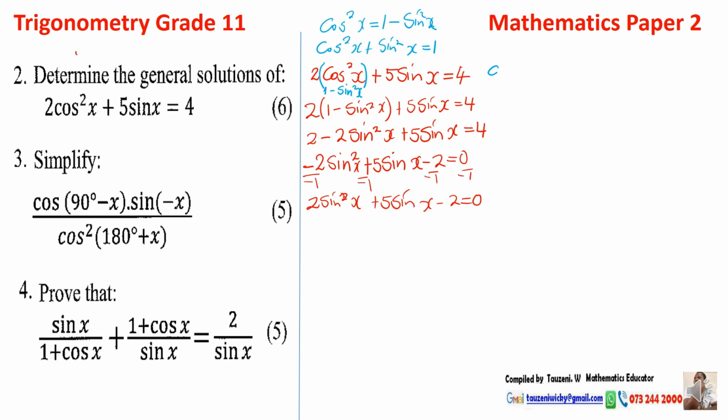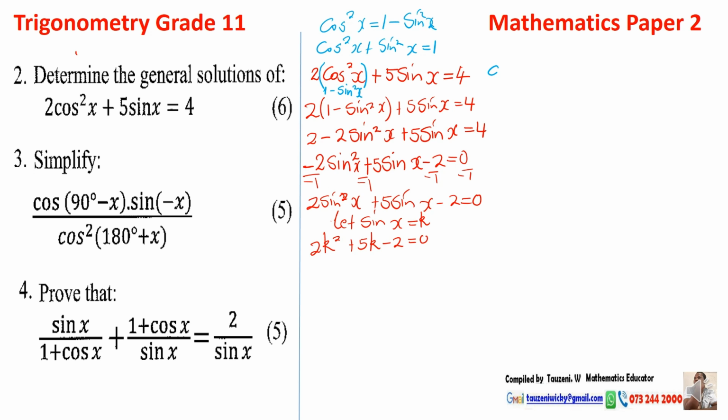From here, you need to factorize, you need to apply quadratic formula, any method that you are comfortable with from quadratic equations. You are also allowed to introduce a different variable if you want your equation to look simpler. So we can say let sine x be equal to k. Then our equation will be expressed in terms of k. Sine squared x will become k squared. So this will be 2k squared plus 5 multiplied by k minus 2 is equal to 0.